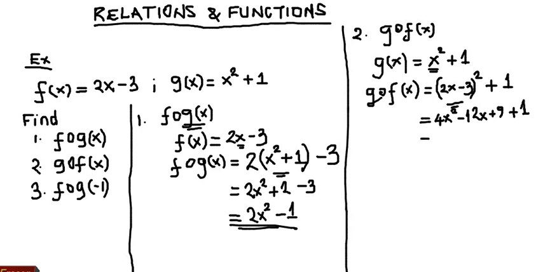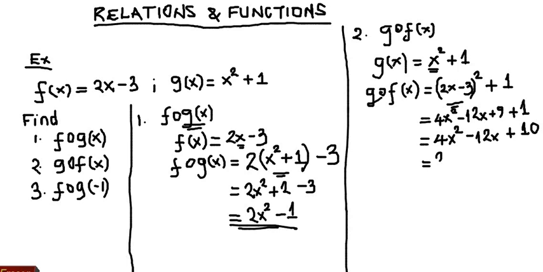Of course the 9 and 1 can be added to simplify, meaning we have 4x squared minus 12x plus 10. So that will be the function that we have as a composite g of f of x.